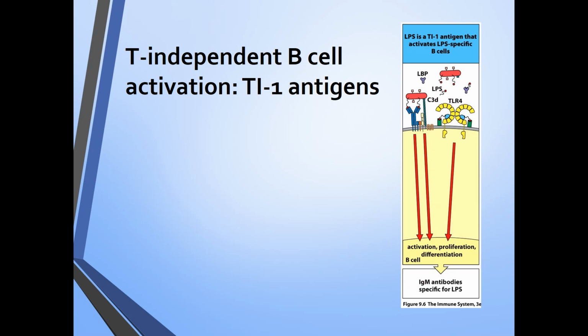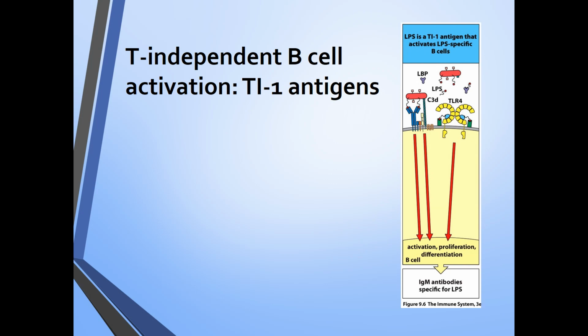So an example is the T-independent B cell activation by TI1 antigens. You've got LPS as a TI1 antigen. The carbohydrate portion can be recognized by the B cell receptor, and portions of it will also stimulate toll-like receptor 4, and that results in the IgM antibody specific for lipopolysaccharide.